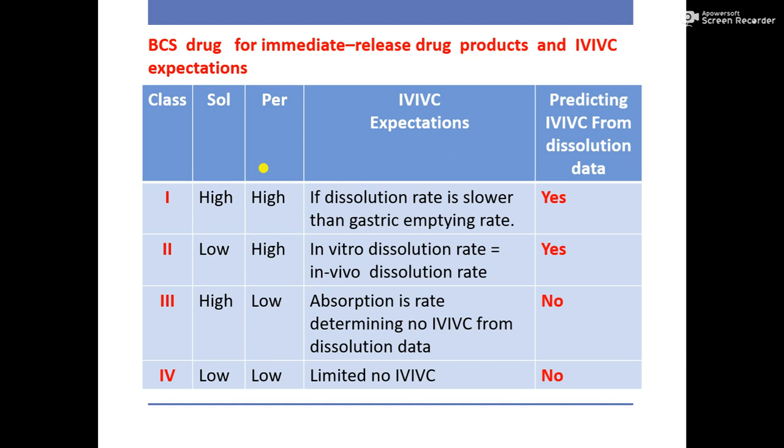Now you can see on the screen the BCS drugs for immediate release drug products, with in vitro and in vivo expectations, for class 1, class 2, class 3 and class 4. Class 1 has high solubility and high permeability; if the dissolution rate is slower than the gastric emptying rate, then in vitro dissolution and in vivo bioavailability can be predicted from dissolution data.